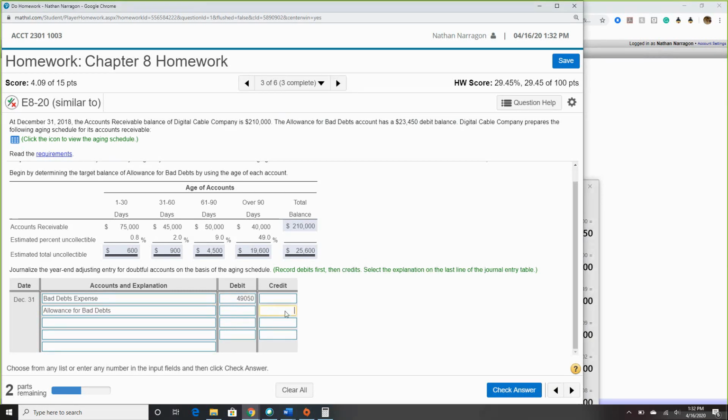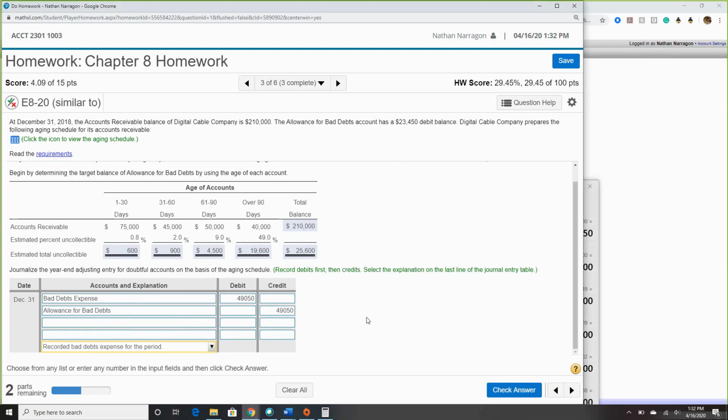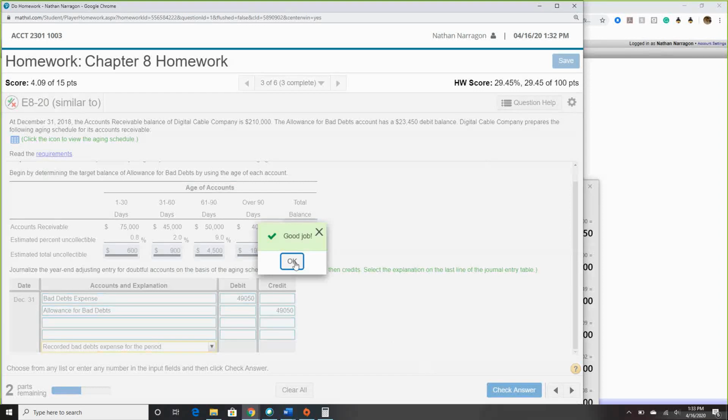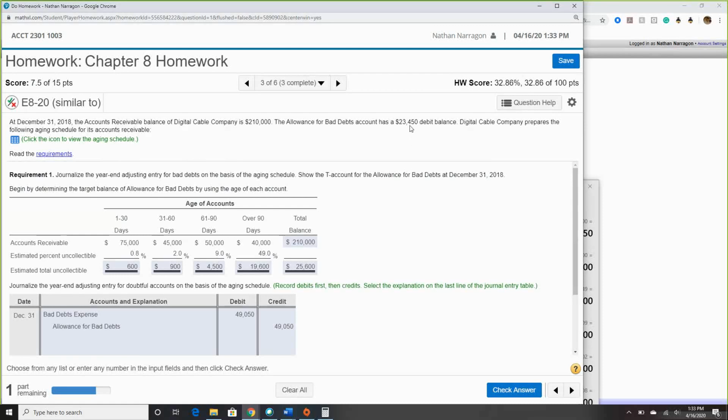Again, y'all is going to be just a little bit different because y'all have different numbers, but the concept is still the same. Okay. And of course, always remember the explanation that I typically forget. There you go. Okay. That was a little trick of this problem. Everything, if you notice that it's a debit balance up here.